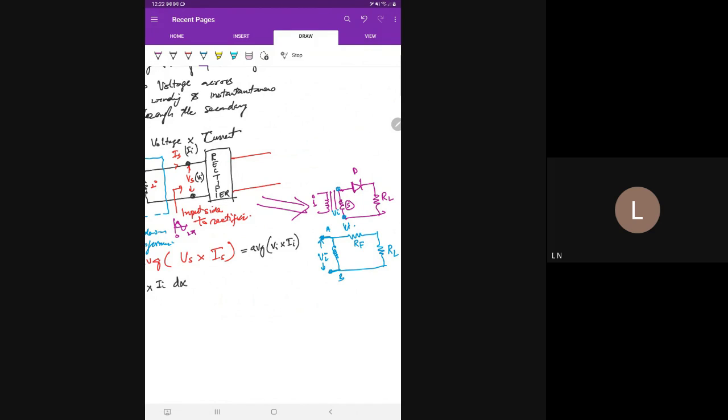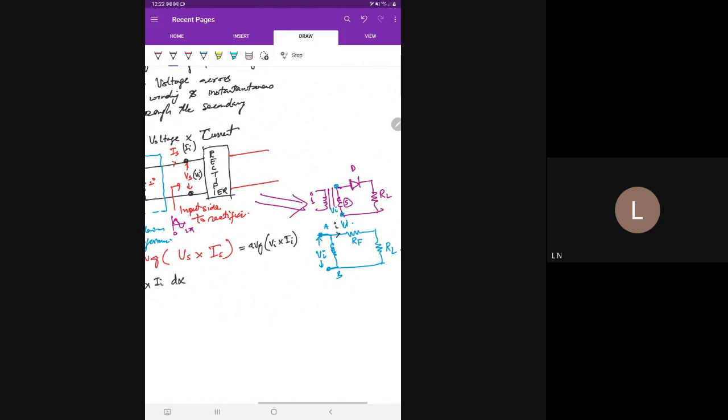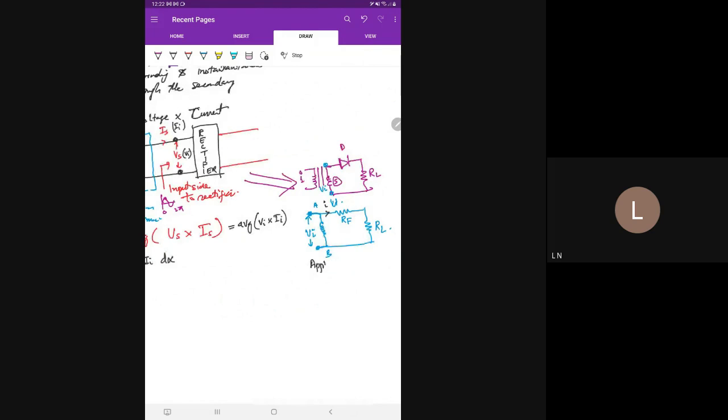Whatever current flows through the circuit, say for example, I is the current that flows through the circuit. Then applying KVL in the circuit, we can say that V of I is equal to I into R of F plus R of L. So Vi will be equal to IRF plus IRL.